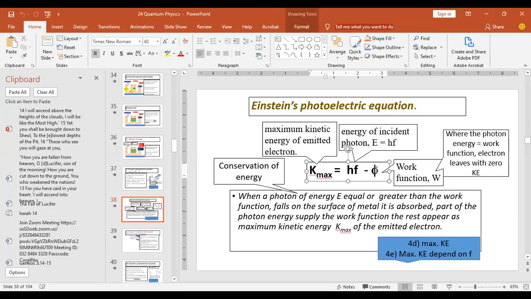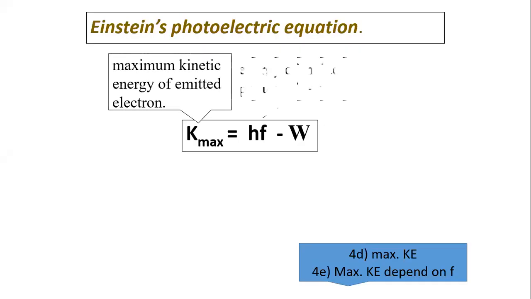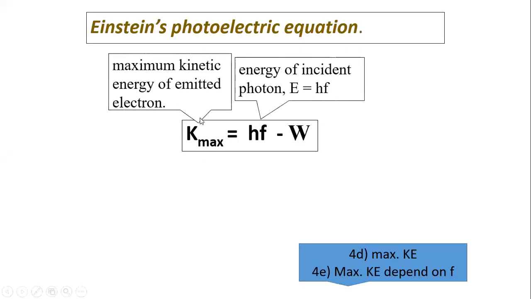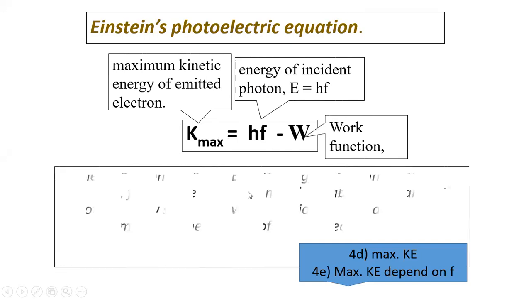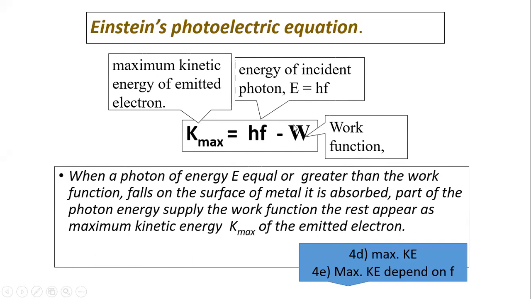Rather than that, we can use W, the work function. So that is the maximum kinetic energy of the emitted electron. That's the energy of the photon. So that's the work function. So for emission to occur, the energy of the photon must be greater than or equal to the work function. Where it's equal to the work function, then this is zero. It's emitted, but with zero velocity or kinetic energy.